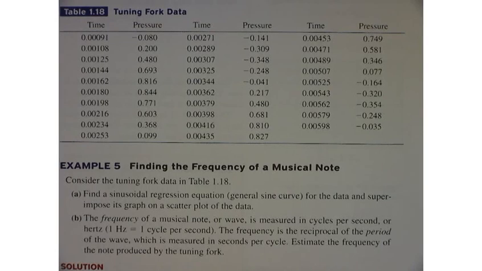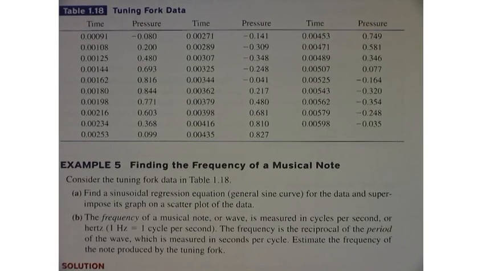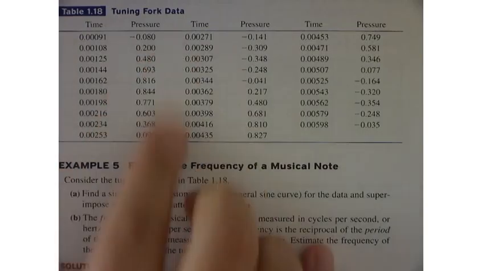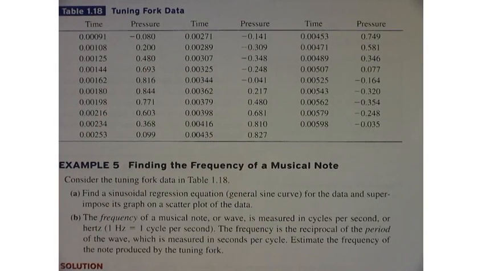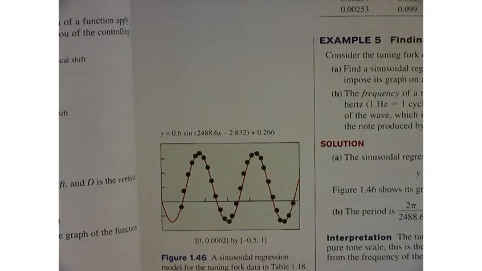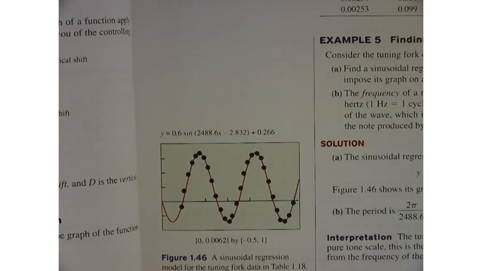So you have air pressure that flows or resonates, and that causes the sound. And so if you take a tuning fork and you measure the pressure over time, you'll get data like this, okay? Now in that data, if we were to make a scatter plot of that information, there seems to be a sine function in the data.